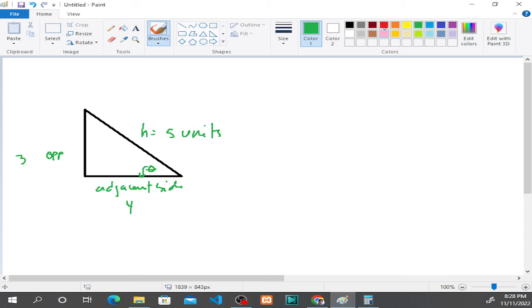Now we are going to find the tangent of the angle theta. That is the relationship between the opposite side over the adjacent side, so that's 3 over 4. Then you find theta using this function.